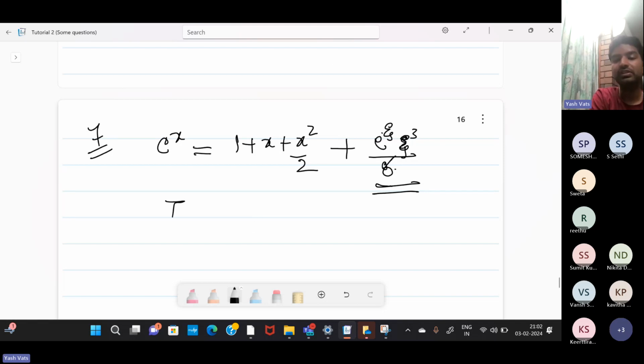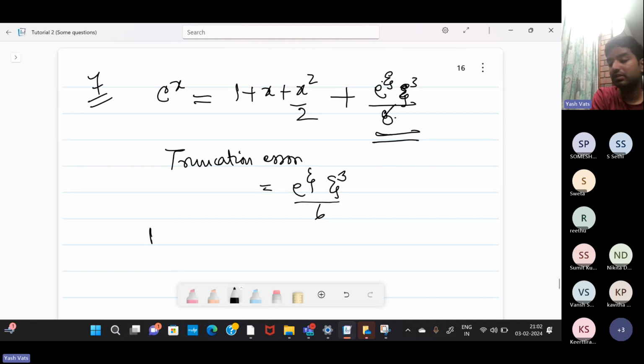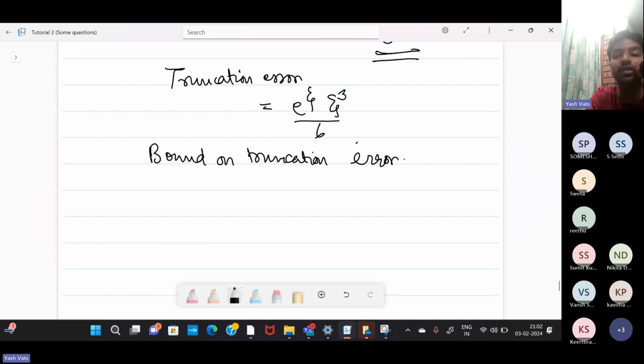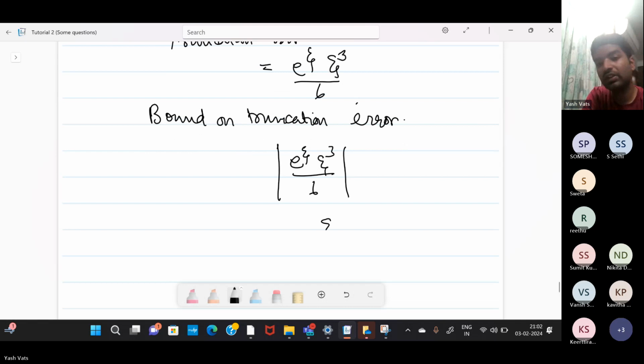The truncation error is just this one, and you need to find the bound on this truncation error on the interval, xi varying between 0 and 1.